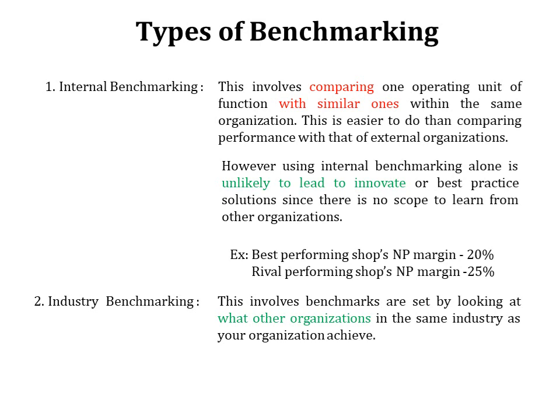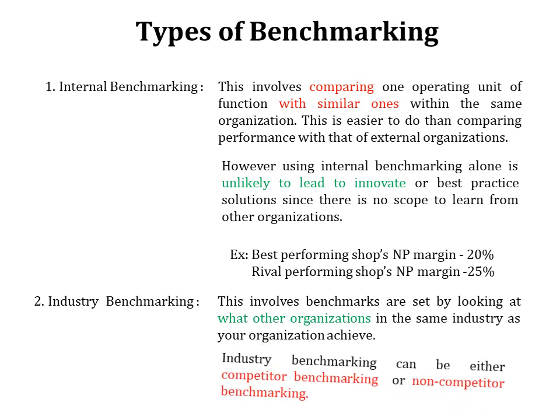The second type of benchmarking is industry benchmarking. In this approach, benchmarks are set by looking at what other organizations in the same industry as your organization achieve. Industry benchmarking can be divided into competitor benchmarking and non-competitor benchmarking.